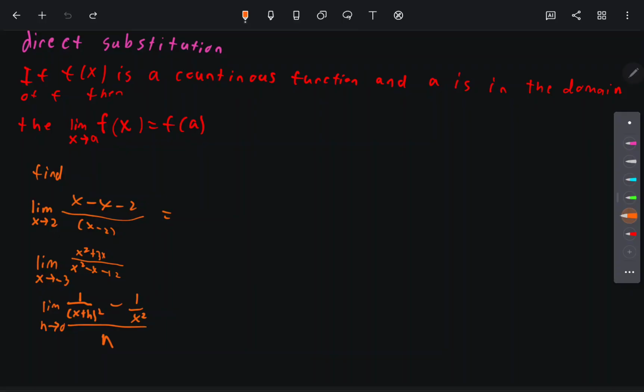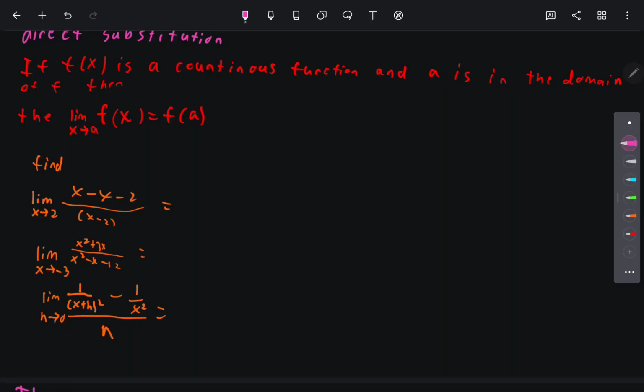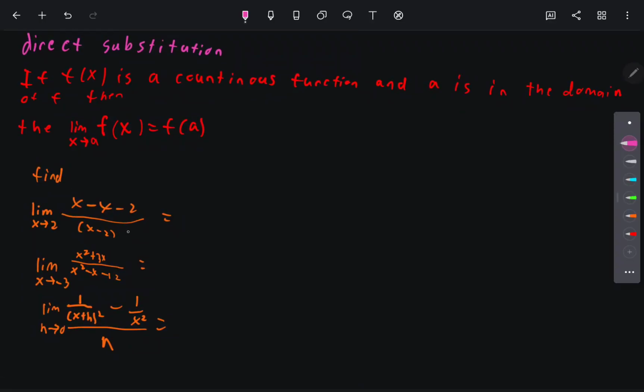Alright, so to start out with this first one. Well, if I plug in 2, this denominator is going to go to 0, which makes this undefined. So, we're going to try doing something different. We're going to factor it.